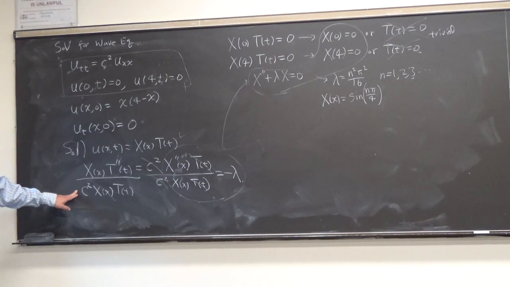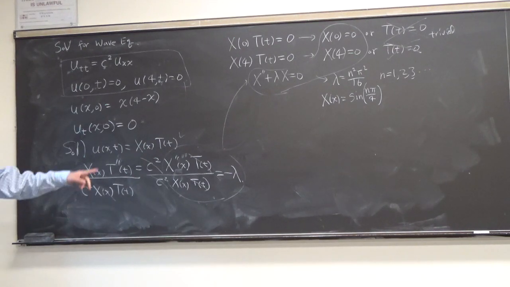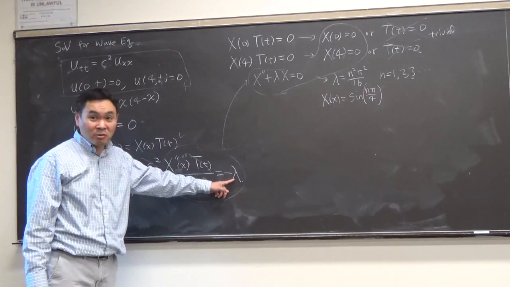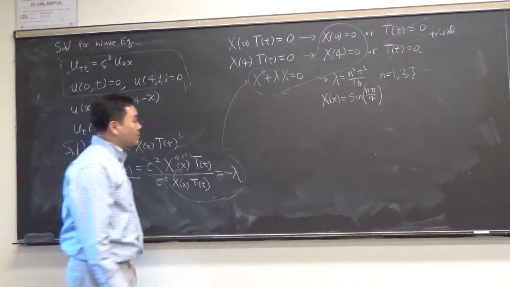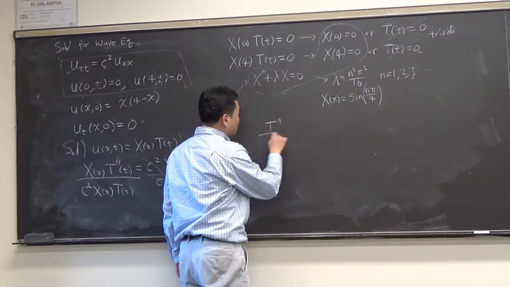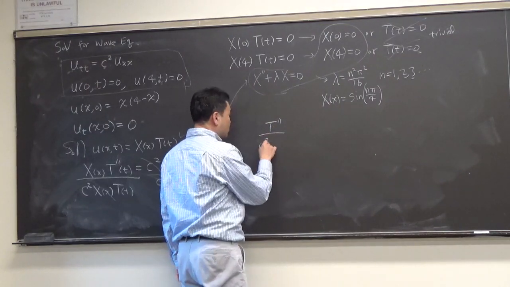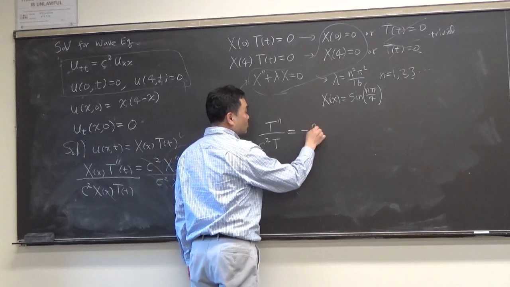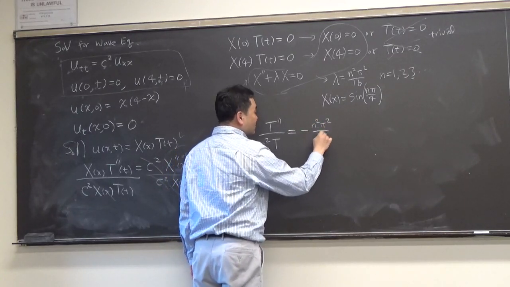Now the difference is, what about T double prime of t over c squared T? Once you take that n squared pi squared over 16 and plug it in here, you get T double prime over c squared T equals negative n squared pi squared over 16.